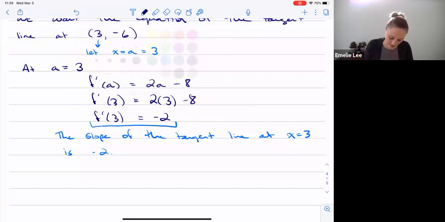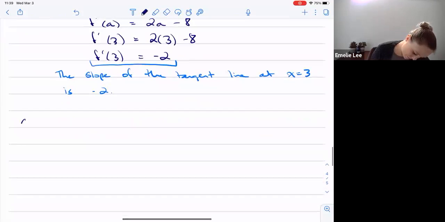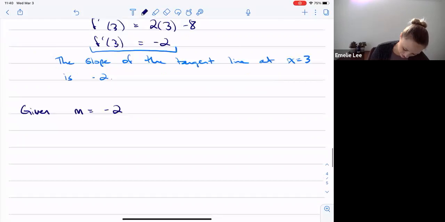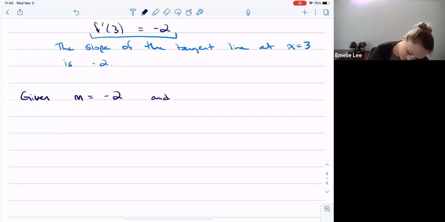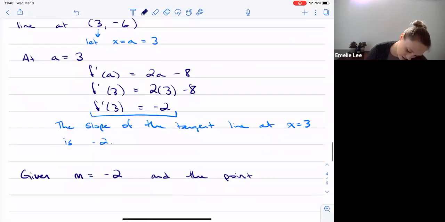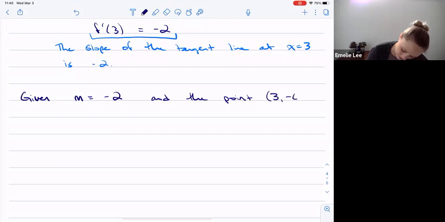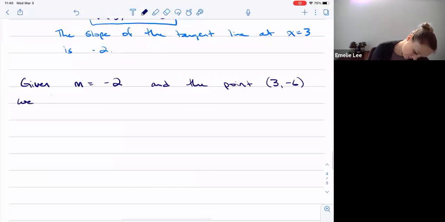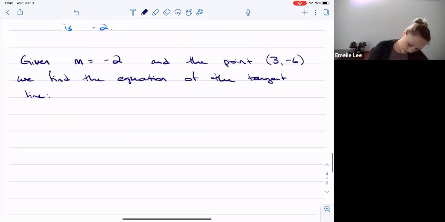So we're moving on. Given that m is -2 and the point is (3, -6), we find the equation of the tangent line, and we'll use point slope form.